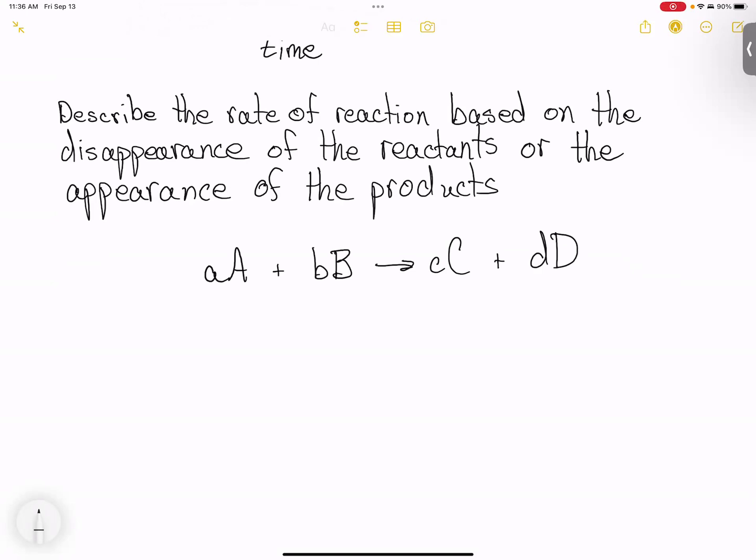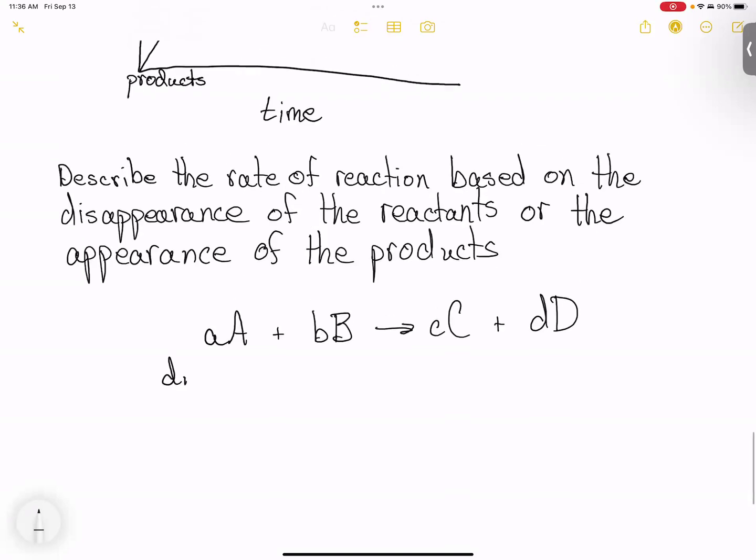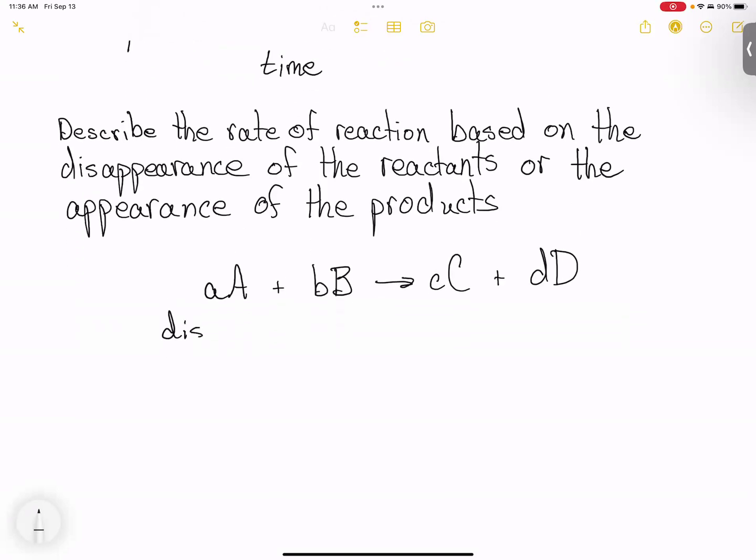Now, reactants disappear. We indicate disappearance with a negative sign.